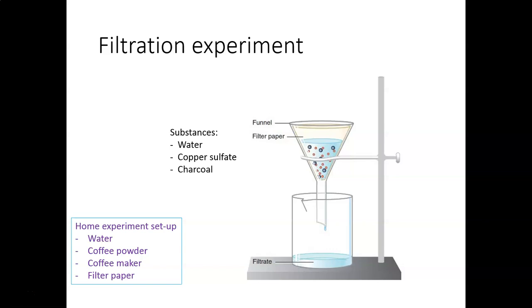In terms of our filter paper, it's based on the size of the particle. If it's small, it's going to pass. If it's too big for the hole in the filter paper, then it's not going to pass. That's why we don't see charcoal in the filtrate.